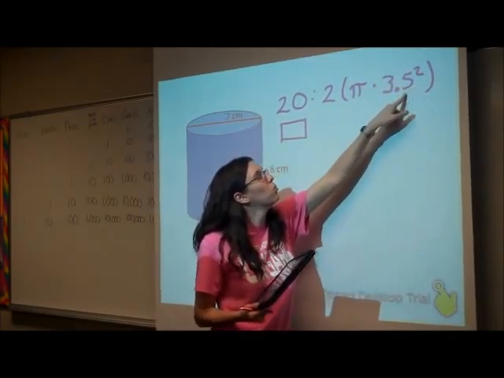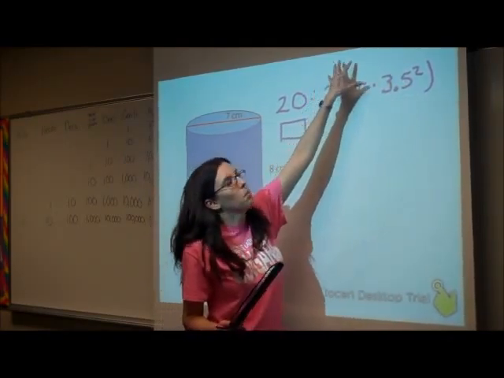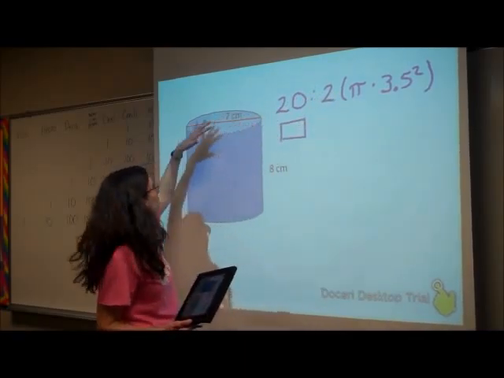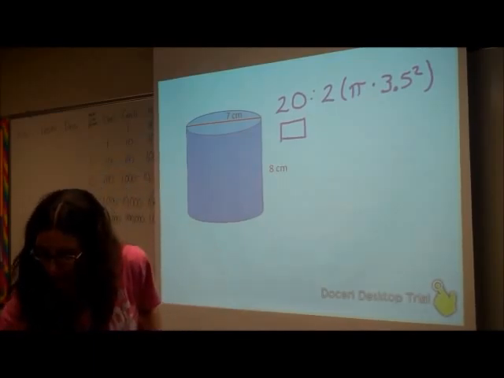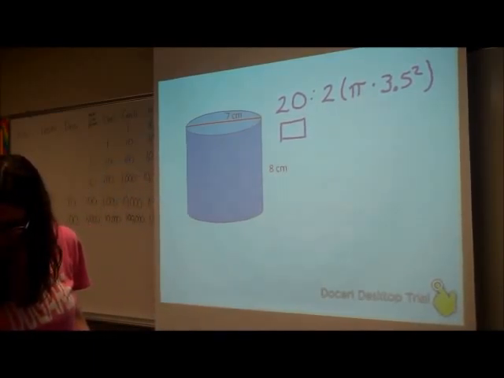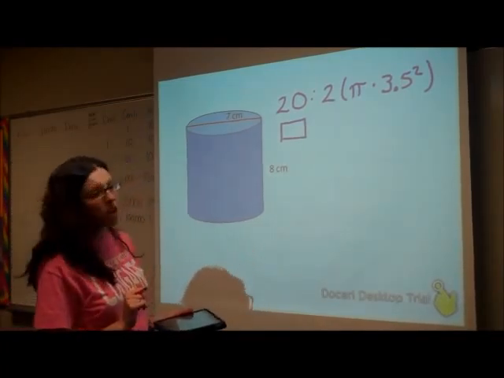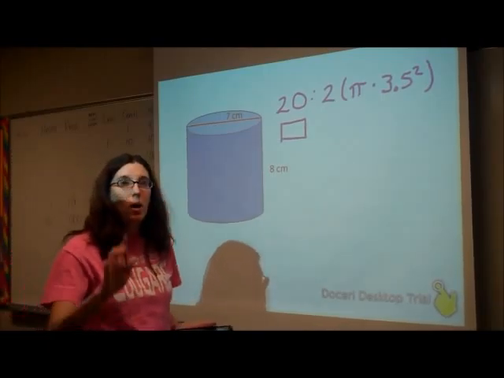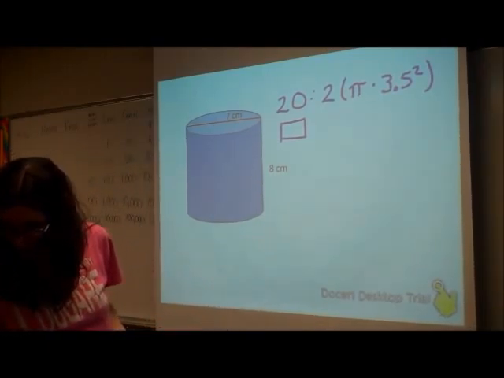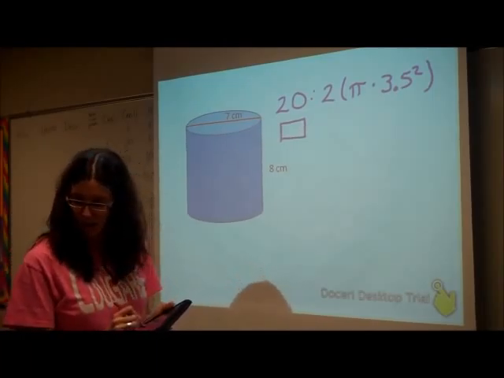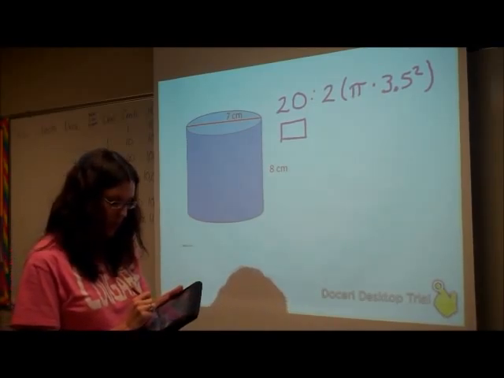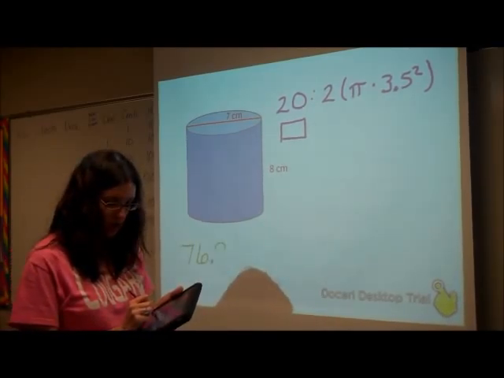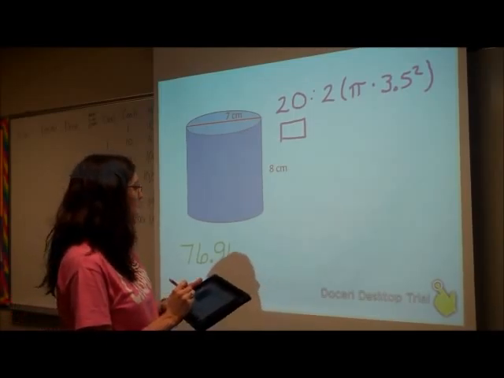Here is the area of one circle. Multiplying it by 2 would give me the area of both of my circles, my top and my bottom, or both of my bases. Multiplying that out, pi times my radius, 3.5 squared, is 38.5. Now, without clearing your calculator, multiply that by 2, and you get that the area of those circles together is 76.969.